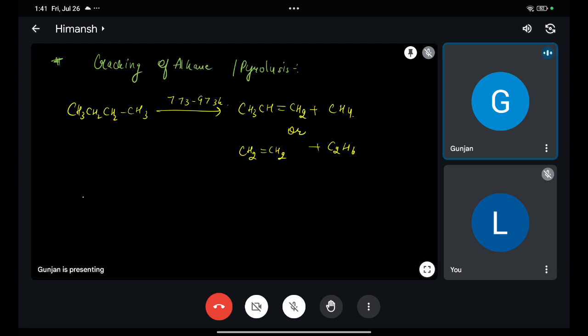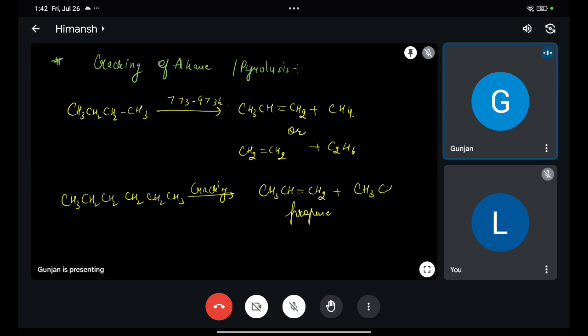If we are having, let's say, hexane, carbons 1, 2, 3, 4, 5 and 6, and we are doing cracking, meaning we are providing very high temperature to it, there is a possibility of three carbon, like one is propene and another one is propane. Like this. Got it?